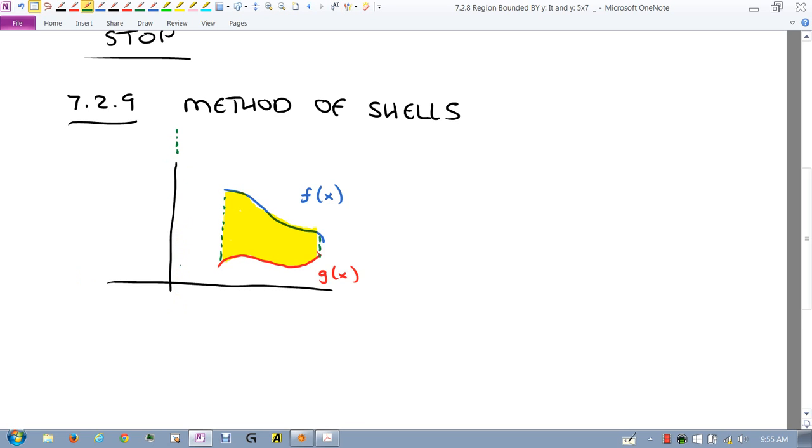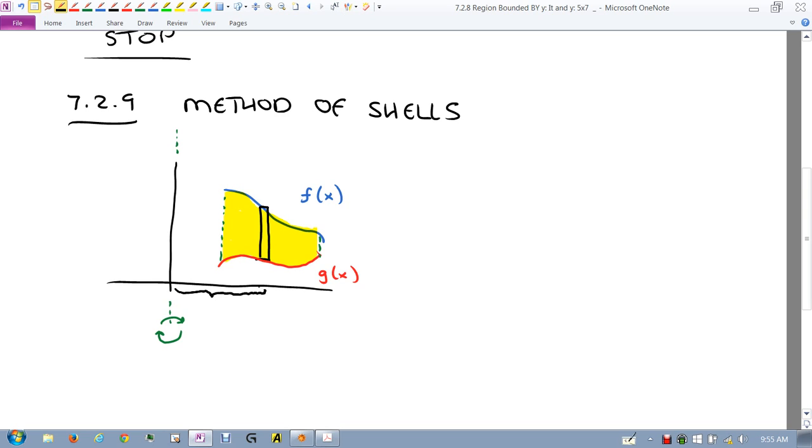Here's the y-axis. I'm going to rotate around there. Here's my rectangle that I'm going to rotate. Does anyone remember me telling you in class to always remember that when you place a rectangle arbitrarily inside this region, that the distance from here to the rectangle is what?